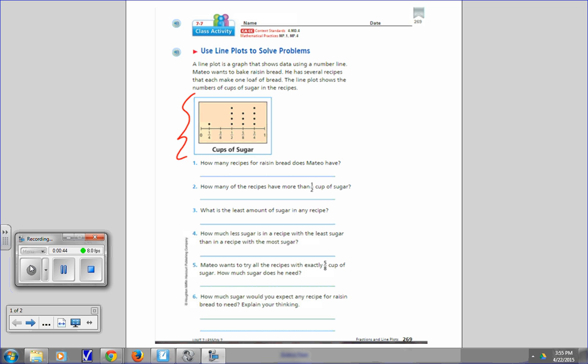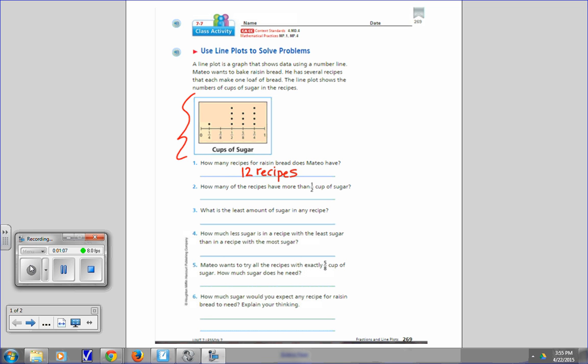Well, each one of those dots represents a recipe. So I'm going to count them. 1, 2, 3, 4, 5, 6, 7, 8, 9, 10, 11, 12. So there are 12 recipes for raisin bread.